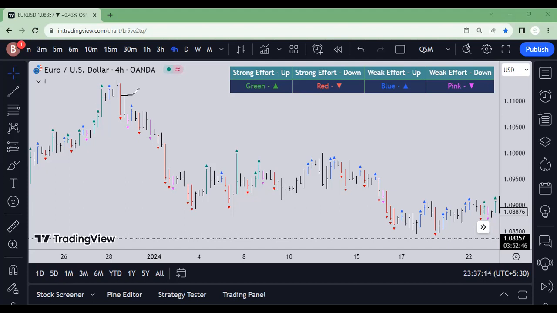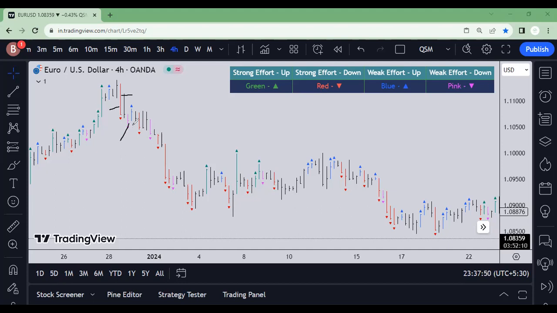And after that, we got this kind of bar. This is something which should draw attention because this is a strong effort bar towards the downside. With the amount of price it covered and the momentum and acceleration it had within itself, it shows us that something is going to happen which will take the market downwards, provided that it proves itself.